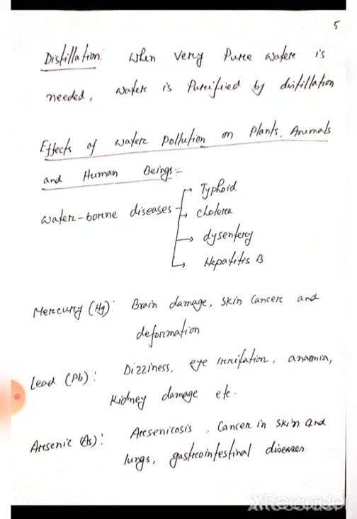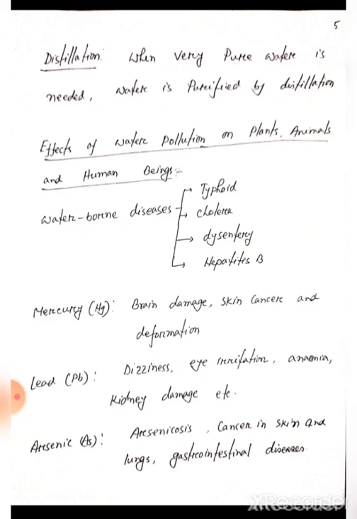Now, the effects of water pollution on plants, animals and human beings. We know there are many diseases that are called waterborne diseases, because these diseases happen due to water, like typhoid, cholera, dysentery, hepatitis B. Many diseases occur due to special types of substances.